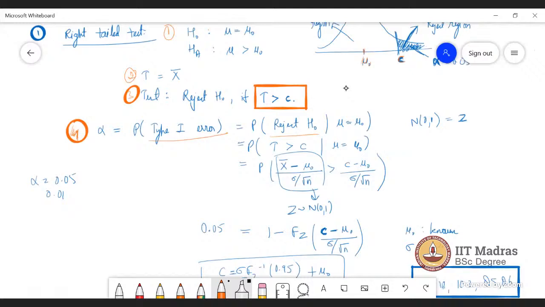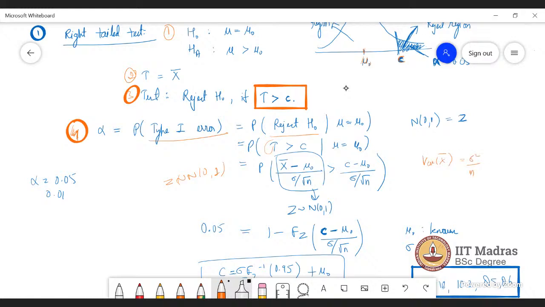So if I take t to be X bar, then X bar minus mu naught, because I have to now convert this to the normal z distribution, that is normal 0, 1. So I will have to subtract the mean of x bar from x bar and divide by standard deviation of x bar. So given the mean is mu naught, I can subtract x bar by mu naught and divide by sigma upon root n, because the variance of x bar is nothing but sigma square by n.